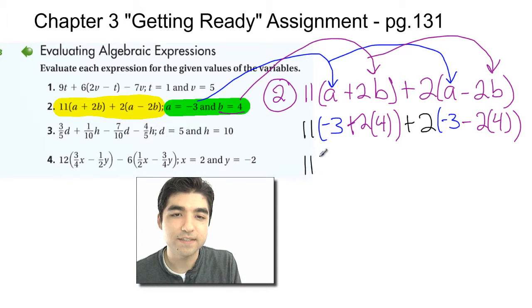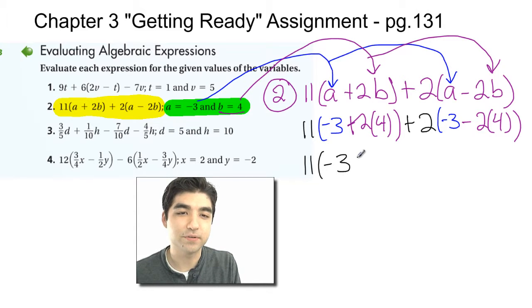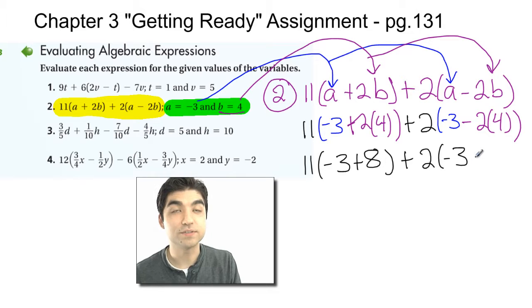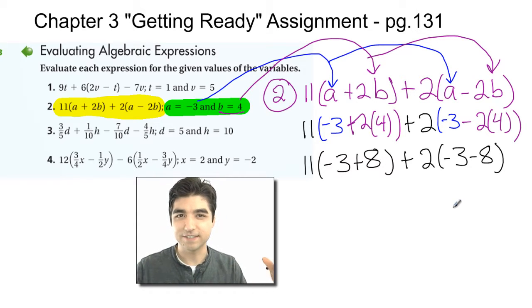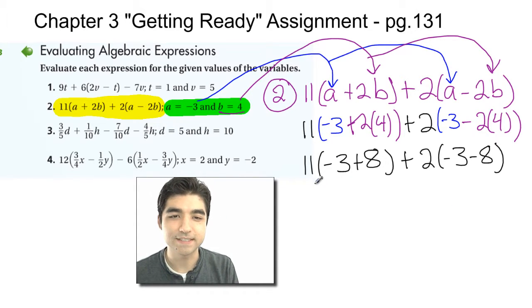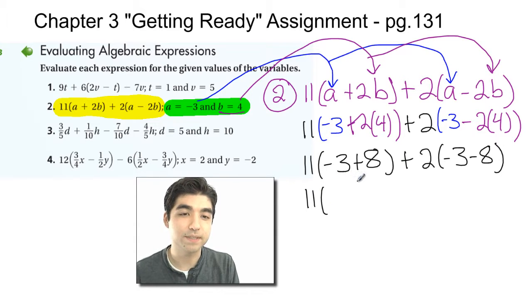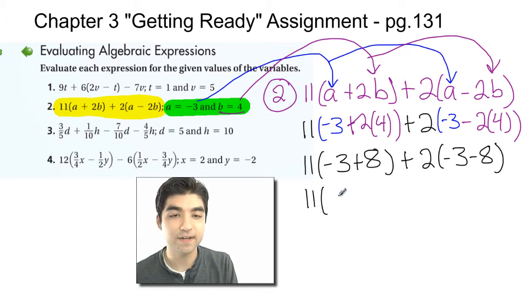So we have 11 times -3, and then let's do this 2 times 4, which equals 8. And then we have plus 2 times -3, and -2 times 4 equals -8. Then we keep working down the parentheses. 11 times -3 plus 8 equals 5, a positive 5.